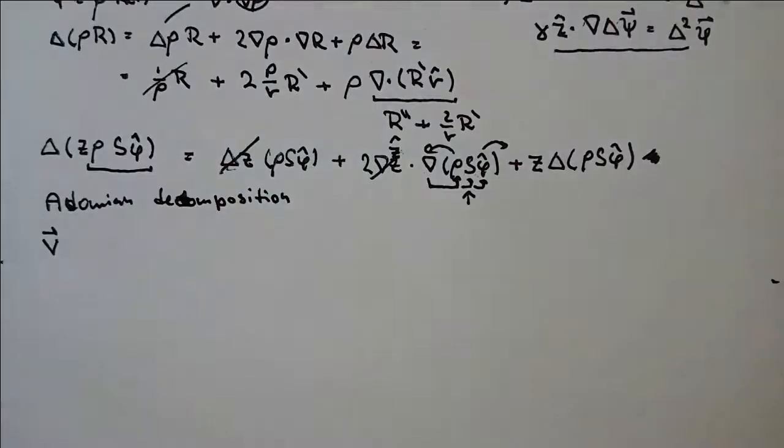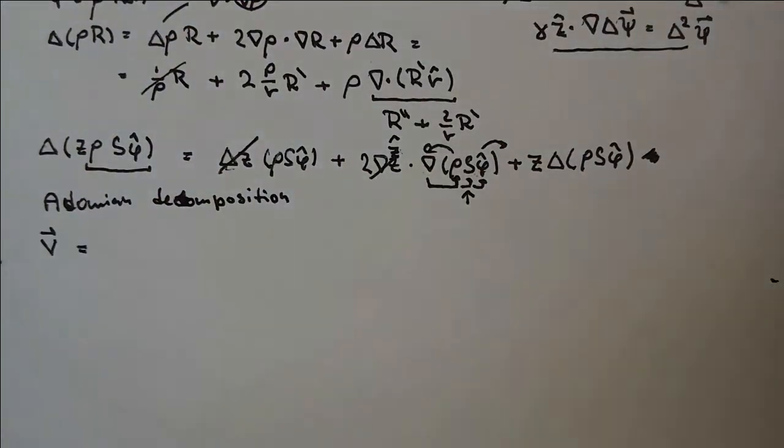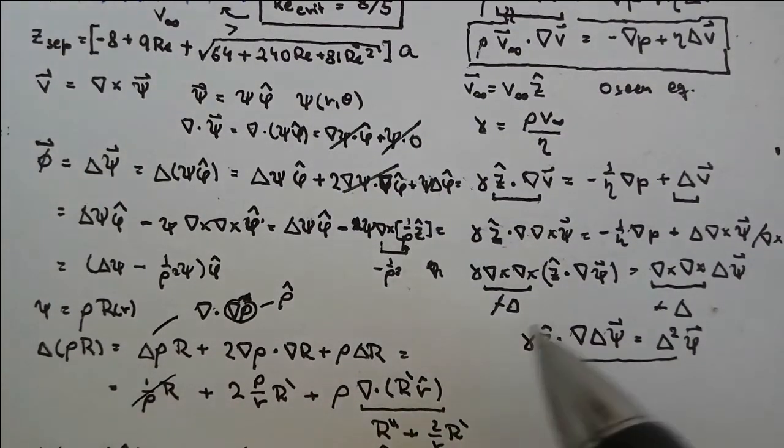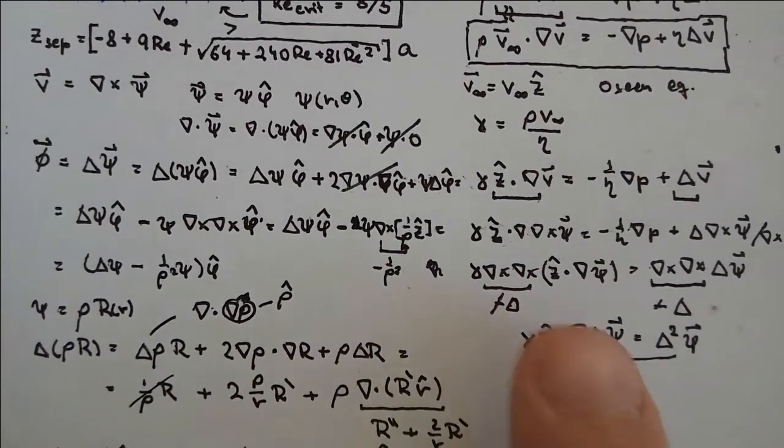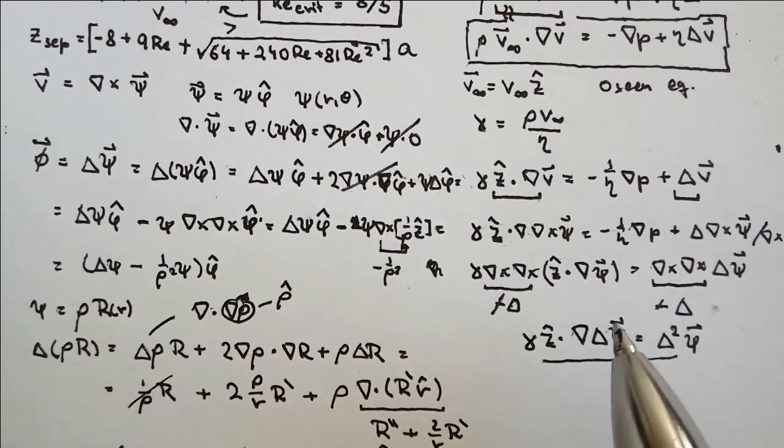So V, the velocity V, which is the solution of the problem, can be expanded as a perturbation series, or can be viewed as a Taylor series, but who knows, a perturbation series in the parameter gamma. Why? Because if gamma is 0, this equation is going to be 0.